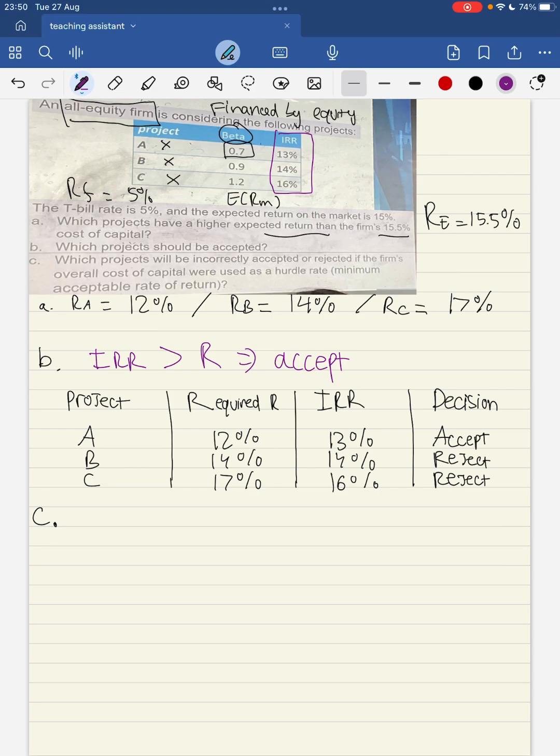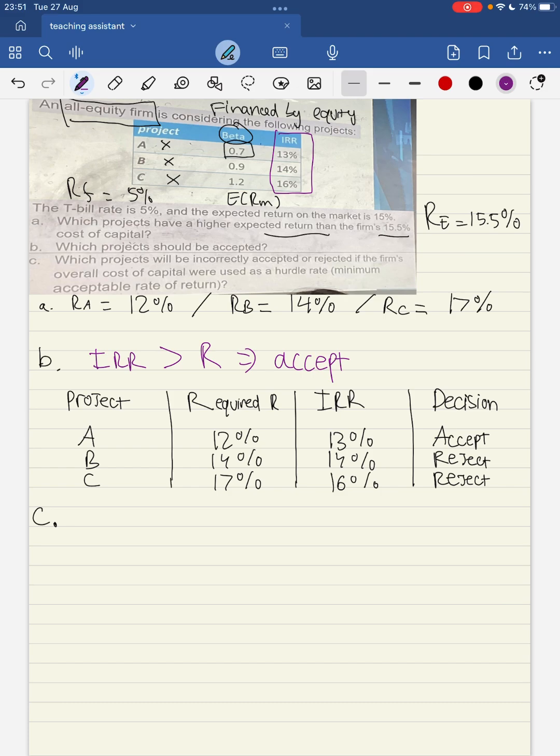Part C. Which projects will be incorrectly accepted or rejected if the firm's overall cost of capital were used as a hurdle rate, the minimum acceptable rate of return? So what does this question actually want us to do? Here they state that the firm's overall cost of capital is used as the hurdle rate.